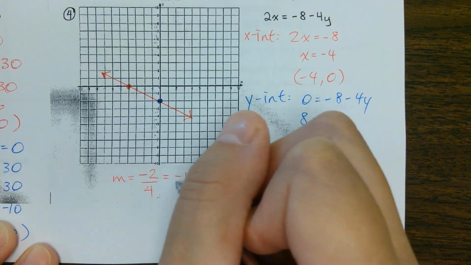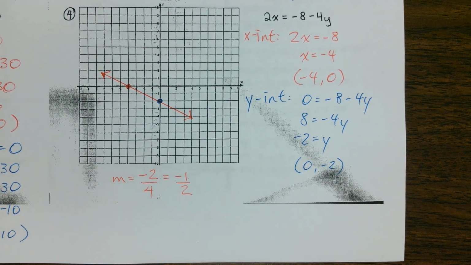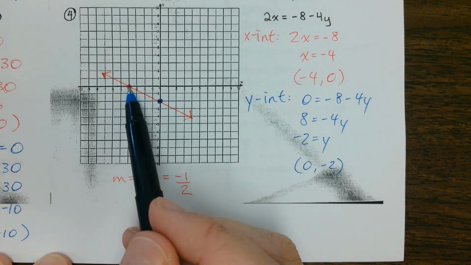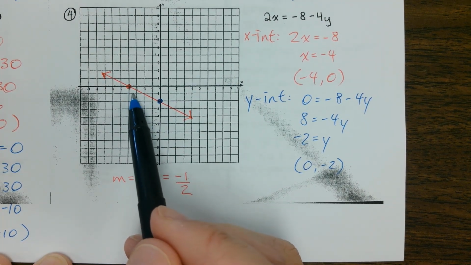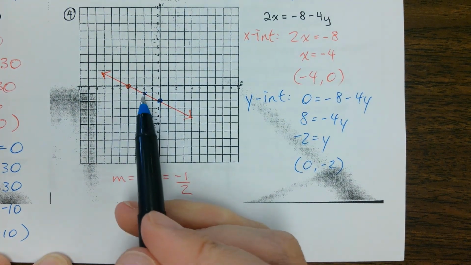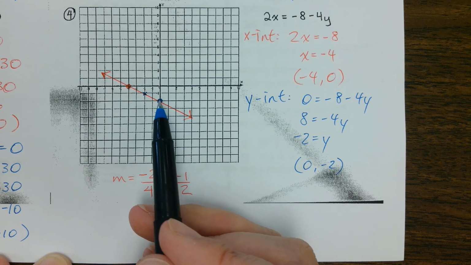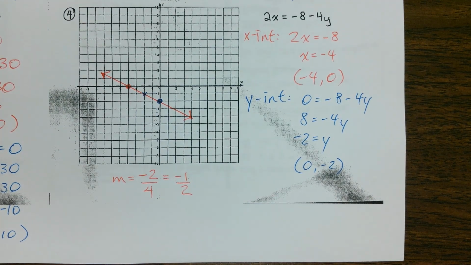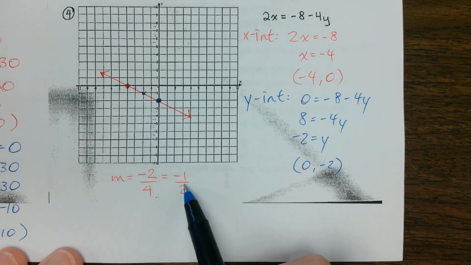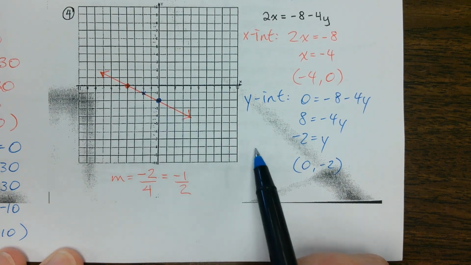When you reduce that, you get -1/2. Okay, and just to show, let's say you are right here. If you went down 1 floor only and went 2 over, notice you still land right on that line. And then you go down 1 more floor and then 2 over, you are still on that line. So if you keep going down 1 over 2, down 1 over 2, which is your slope, you'll always end up on the line.